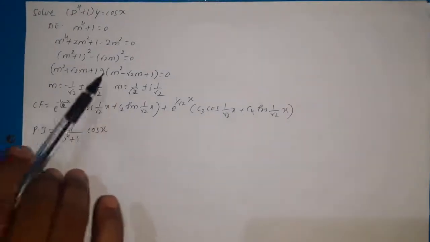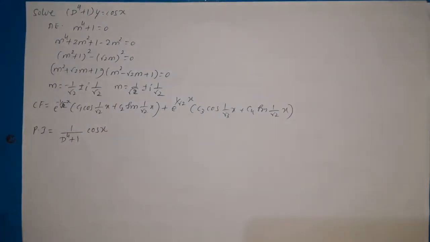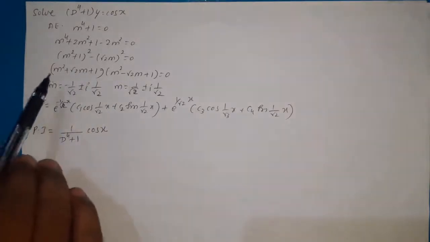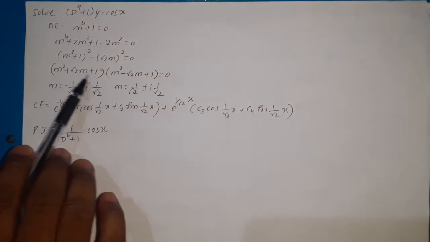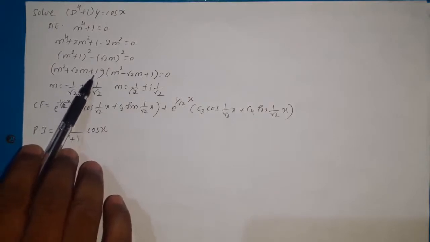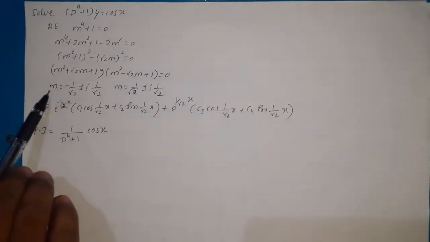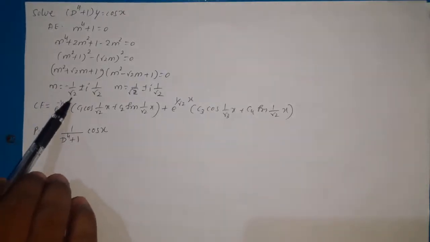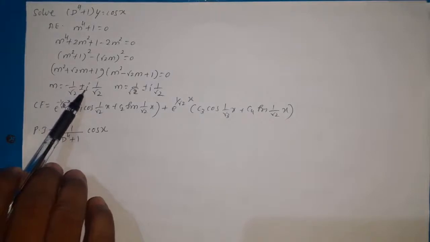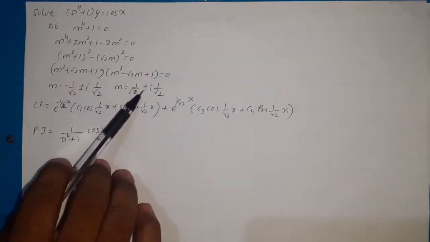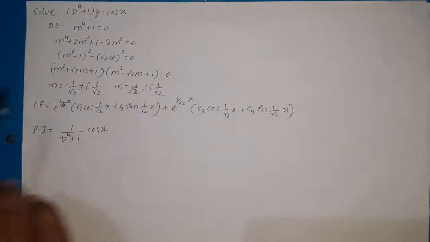Now these two are quadratic in m, so separate these two, then solve. The first is m square plus root 2 m plus 1. On solving this, we get the roots m equal to minus 1 by root 2 plus or minus i into 1 by root 2, and here m equal to 1 by root 2 plus or minus i into 1 by root 2. So these are the two pairs of complex roots.